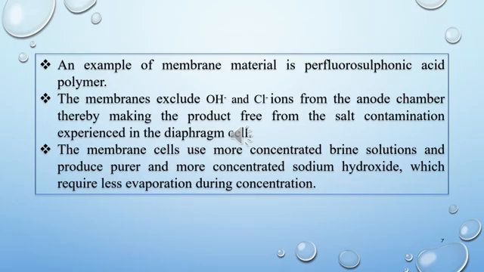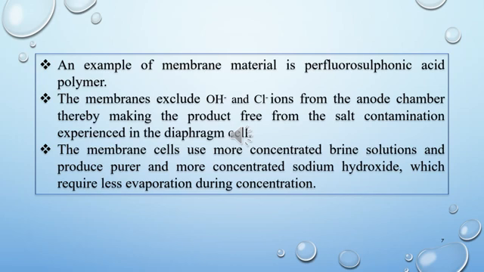The membranes exclude hydroxyl ion and chloride ion from the anode chamber, thereby making the product free from the salt contamination experienced in the diaphragm cell. Students, in this point he said that the membrane will exclude or will not allow the hydroxyl ion or chloride ion to pass through it from the anode chamber.